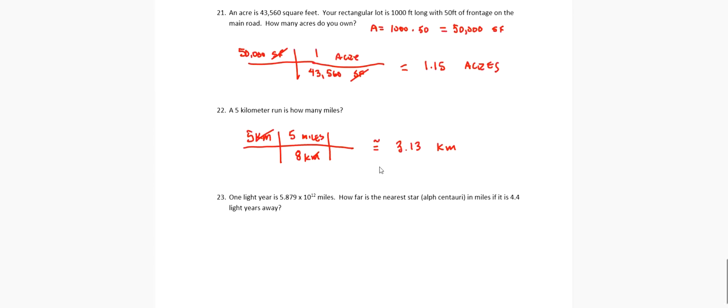Okay, 1 light year is 5.879 times 10 to the 12 miles. How far is the nearest star Alpha Centauri if it is 4.4 light years away? So we're talking 4.4 light years. One light year is 5.879 times 10 to the 12th miles.